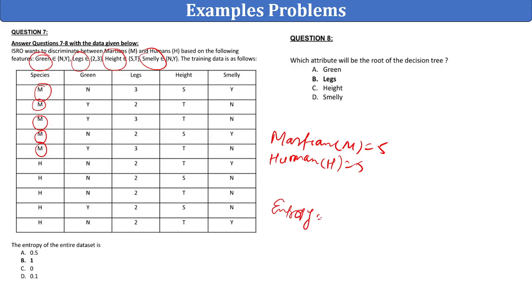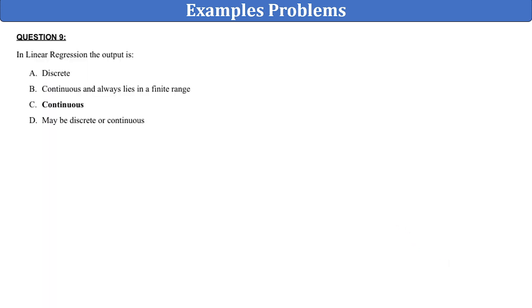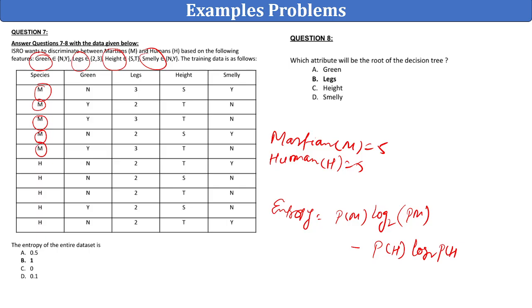The basic formula is the probability of one species times log base 2 of it, minus, and again minus the probability of the second species times log base 2 of it. This is the formula for entropy.